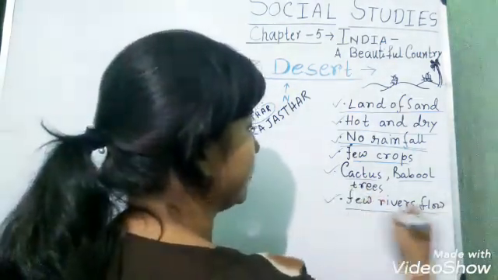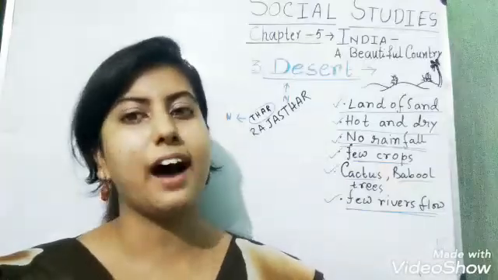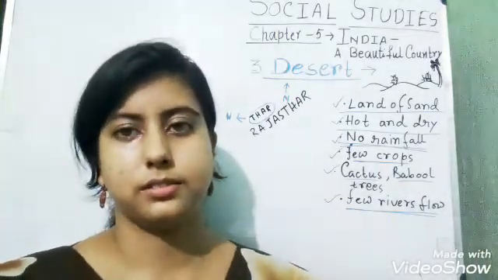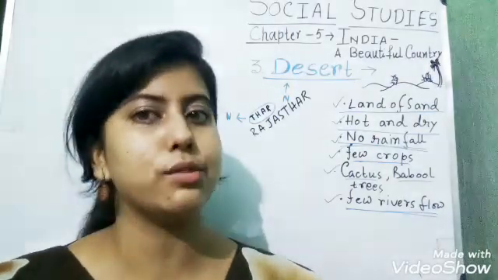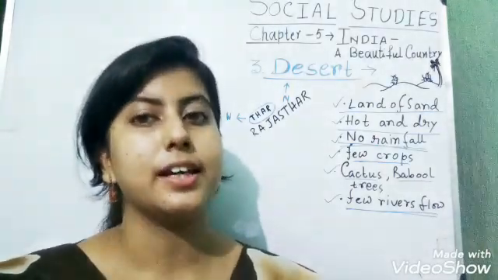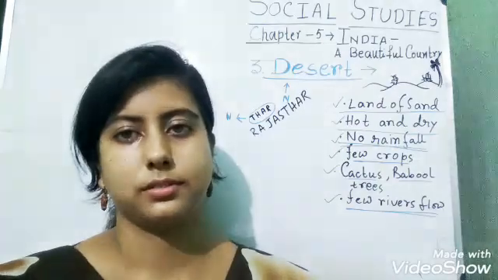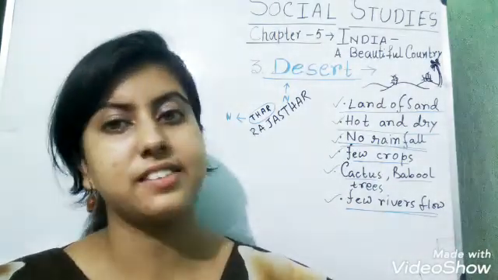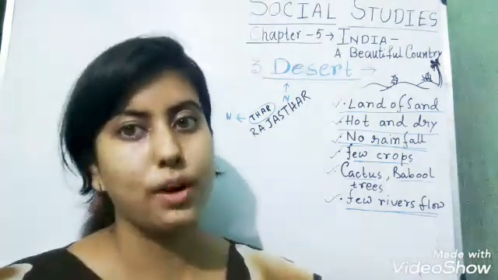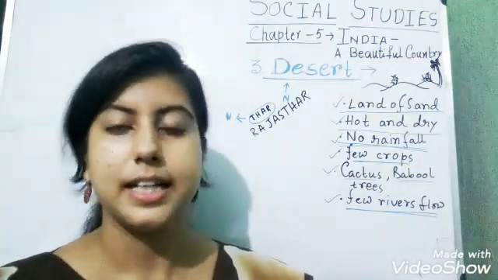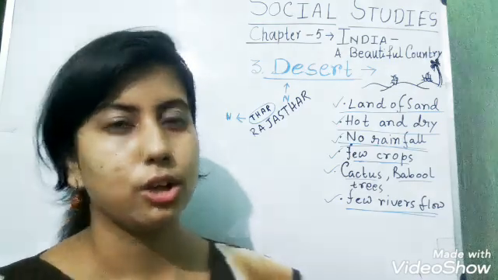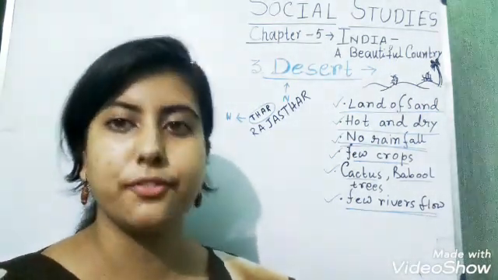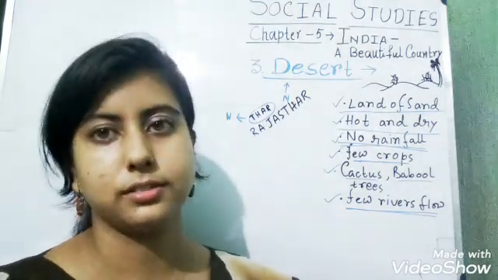Few rivers flow. We can hardly find any river in a desert. And if we find one, they are very irregular. Water is very scarce in these areas. So life is very difficult in a desert. So these were some of the points that define desert.